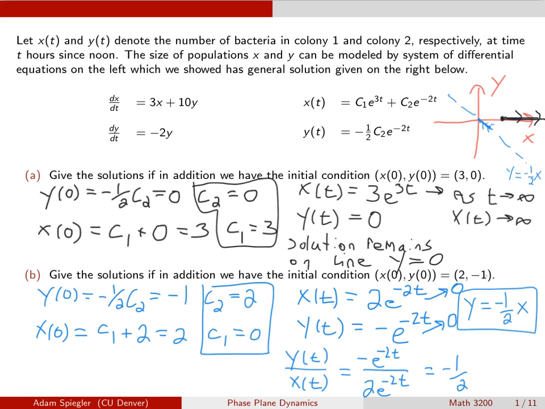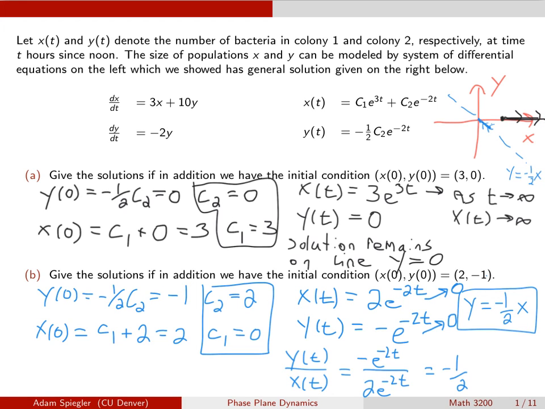Okay, so we're going to blow up the dynamics, this little graph that we have up here, on the next slide to summarize this. But before we turn to the next slide, I just want to note, what have we been doing? We've been using some initial conditions. And what we saw is that here are two really special initial conditions in the sense that if I start at this point 3, 0, I'm going to always remain on this line y equals 0, and we know exactly what direction we're going to move in.